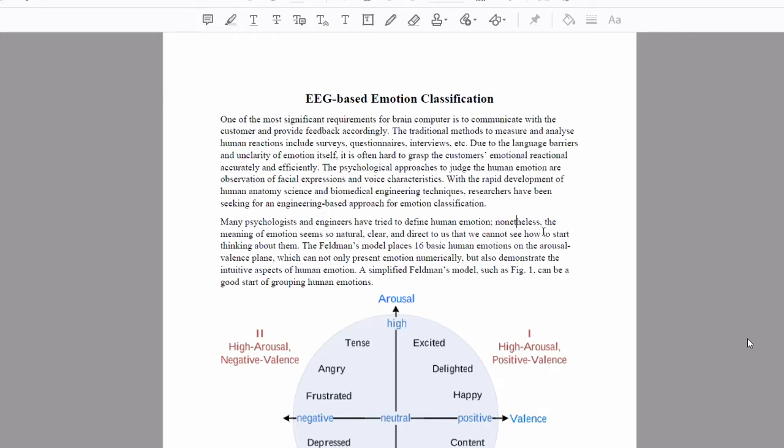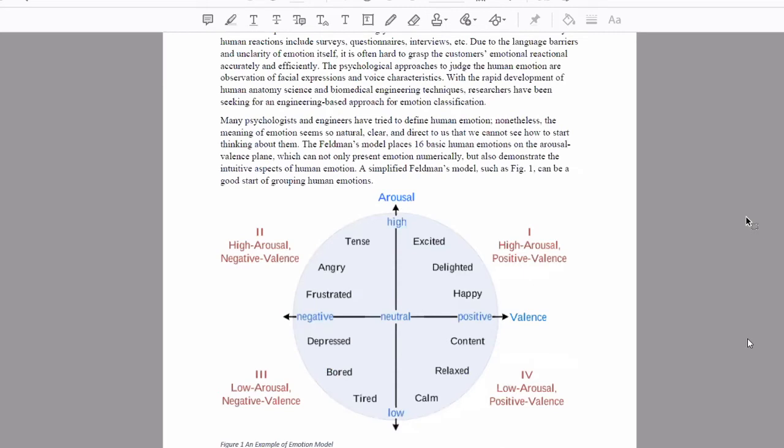So in this project, we're going to use EEG signal, which is the electrical signal collected from the scalp, to detect human emotions. Before we jump into signal processing and classification, we need to identify what emotions we are going to classify.